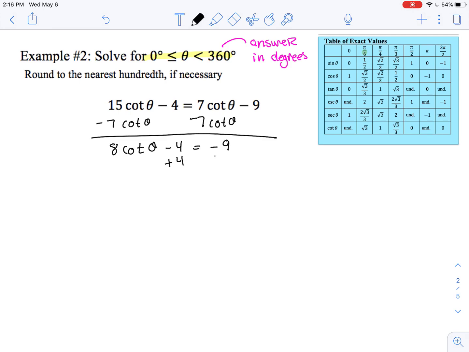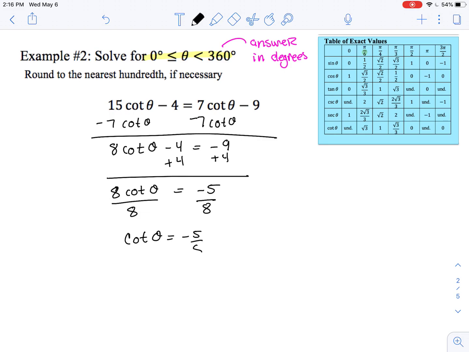Add 4 to both sides. 8 cotangent theta is equal to negative 5. And then I'm going to divide by 8. So I get cotangent of theta is equal to negative 5/8.